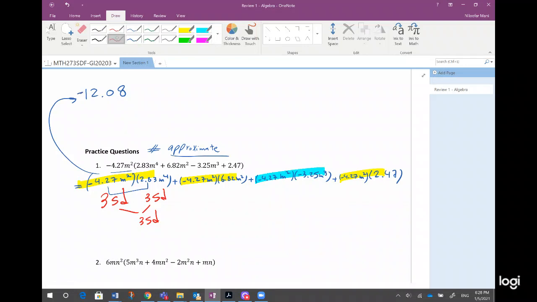I want 3 significant digits, so I show 4 significant digits and then round it, so it's minus 12.1. And then I also have m power 2 plus 4, which is 6.